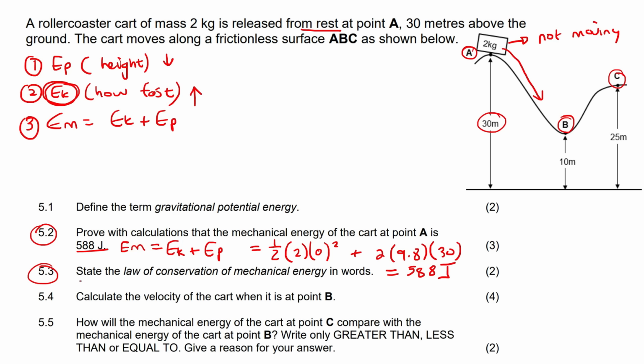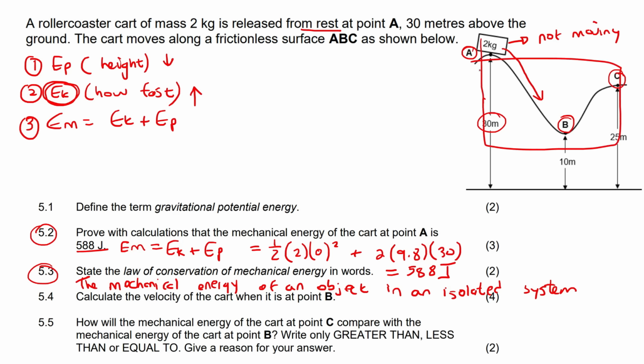So what we can say is that the mechanical energy of an object in an isolated system. Isolated just means it's shut off from the rest of the world. If you're just looking at this little box system over here, you don't have any other things coming in, like friction.